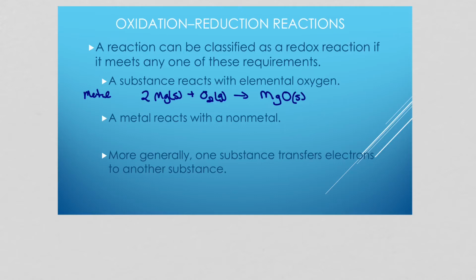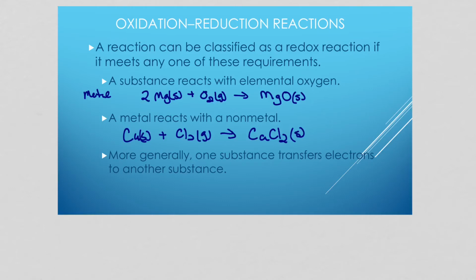Now, the other version of this is when the substance is not a metal, but it's a non-metal or a molecular material, and we're going to cover that when we look at combustion reactions on the next slide. So we'll come back to that. We could also have a metal reacting with another non-metal that's not oxygen. So for example, we could have calcium metal reacting with, say, Cl2 gas to give you an ionic compound again, calcium chloride.